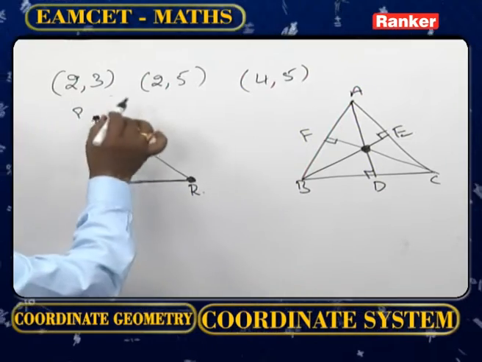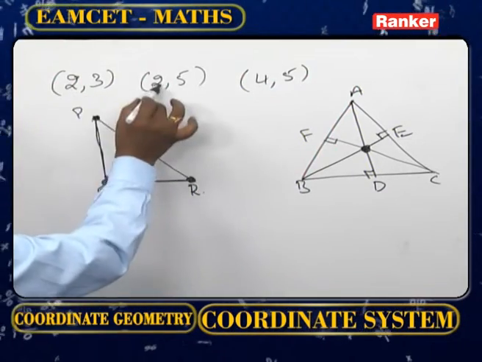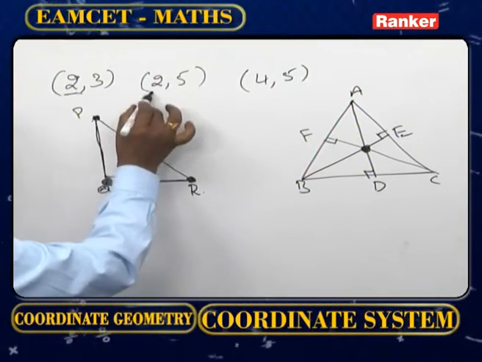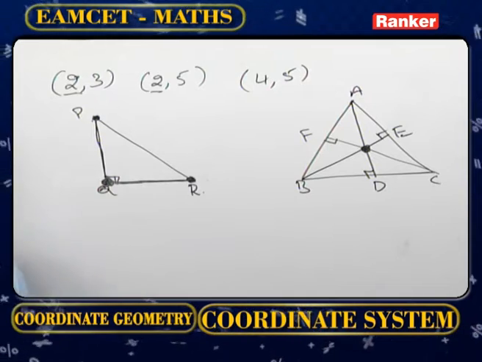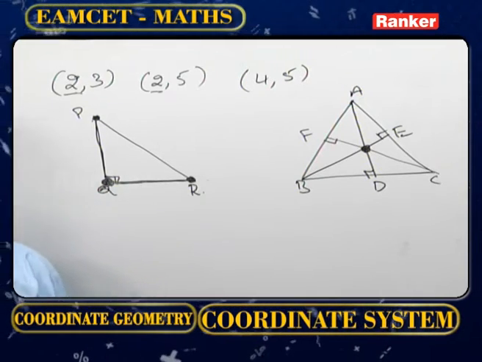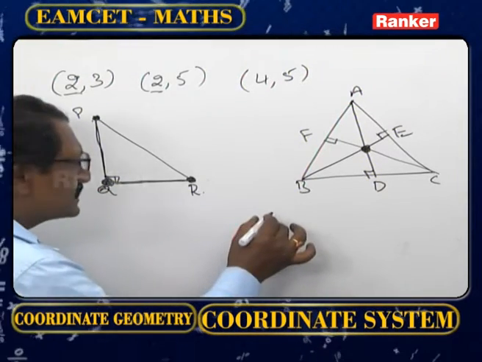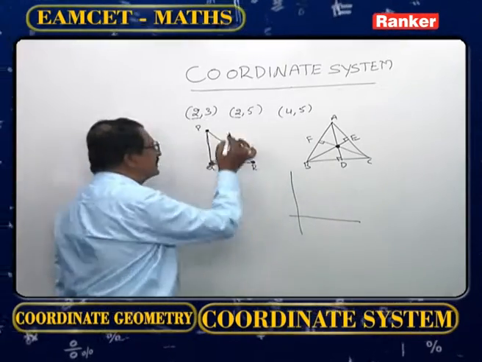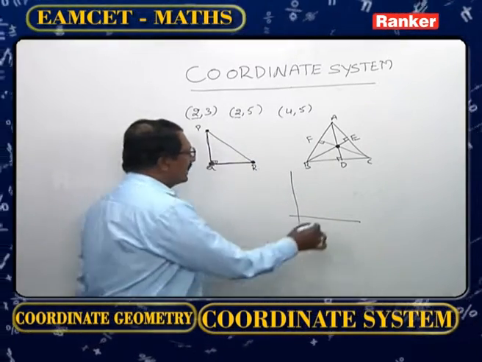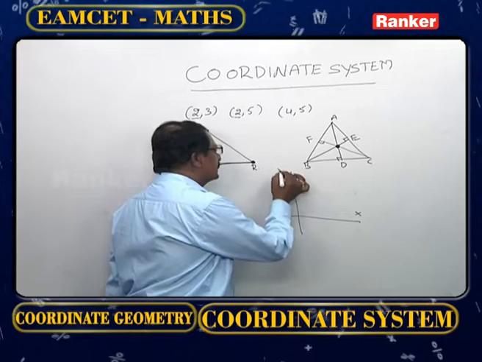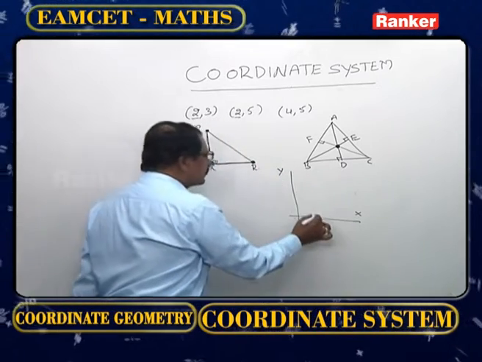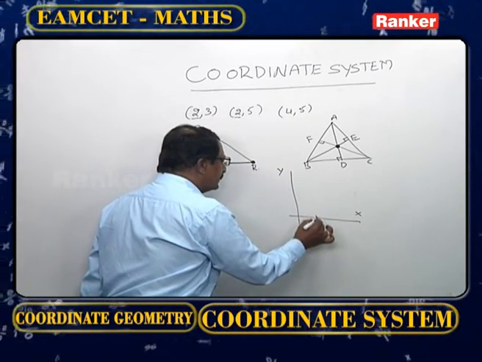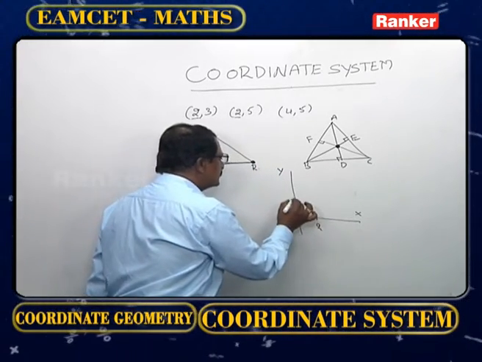Now observe the first 2 points. In the first 2 points, the x coordinates are equal. When two points have equal x coordinates, the line segment joining them is parallel to the y axis. Take the x axis and y axis. First point (2, 3): on the x axis 2 units, y axis 3.